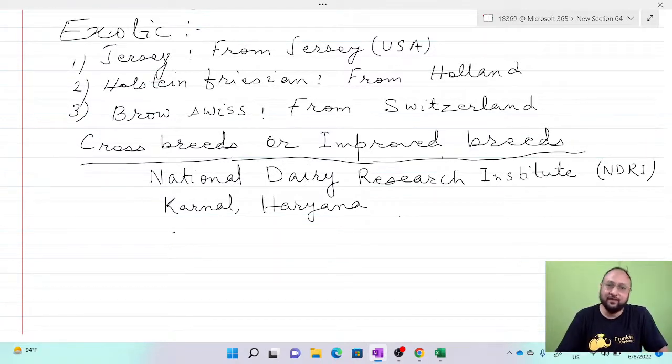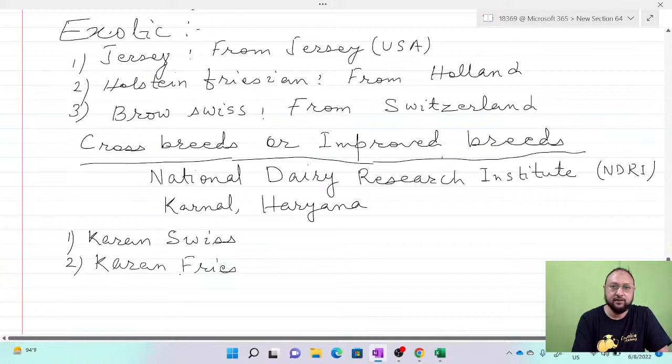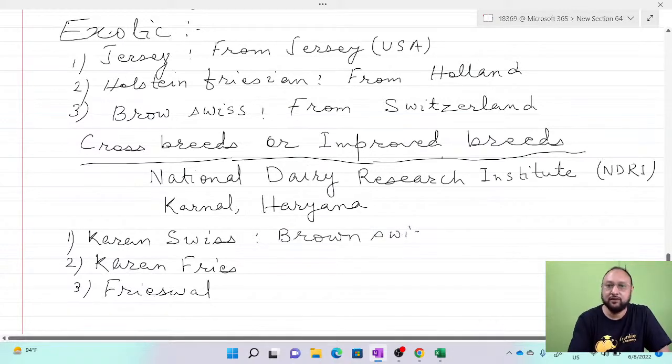Examples: number one is Karan Swiss, so this is the improved or crossbred. Then Karan Fries. Number three is Frieswal. So this was done between Brown Swiss and Sahiwal.